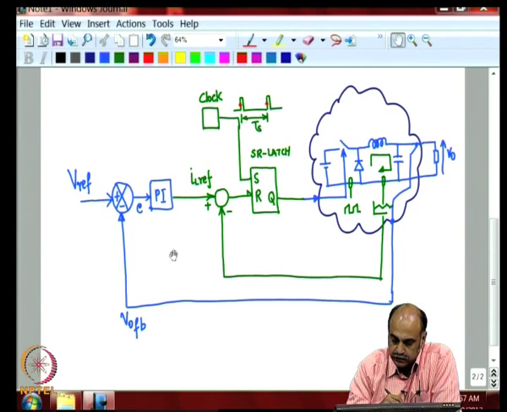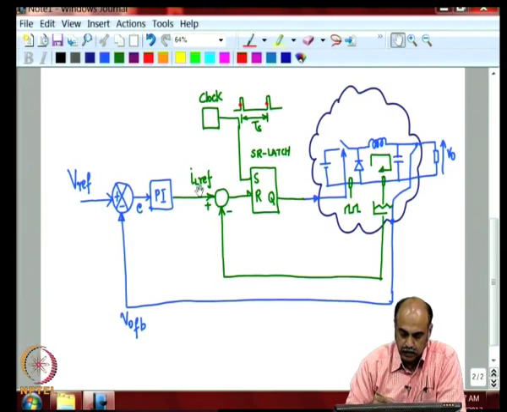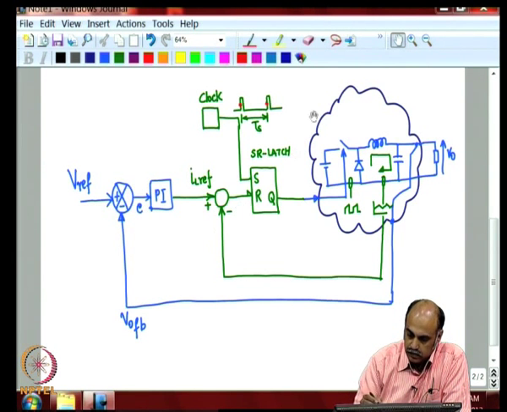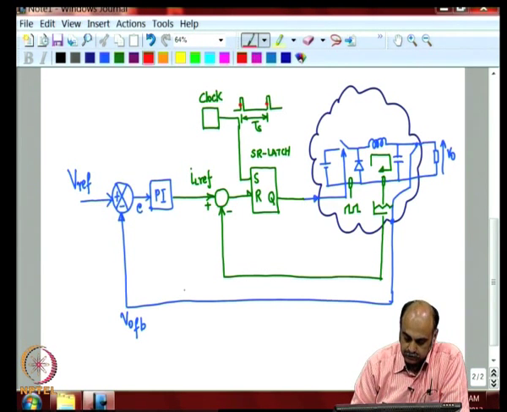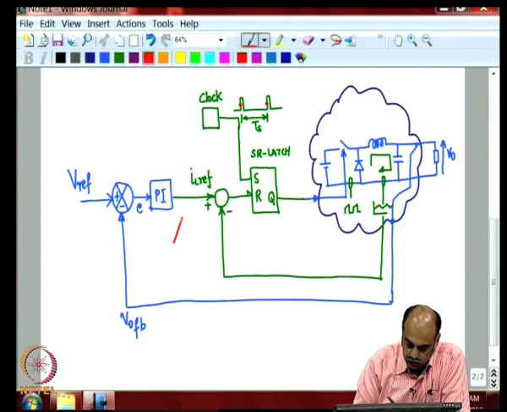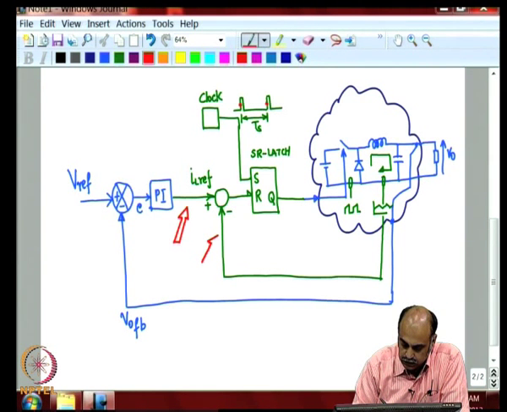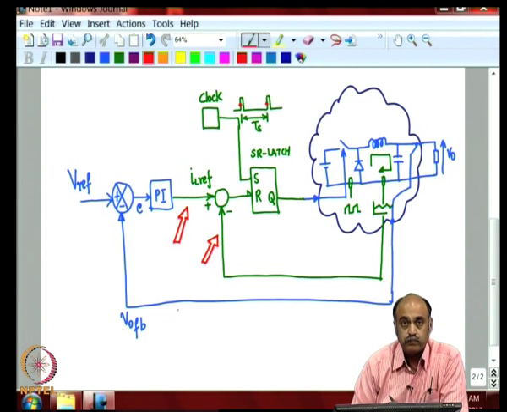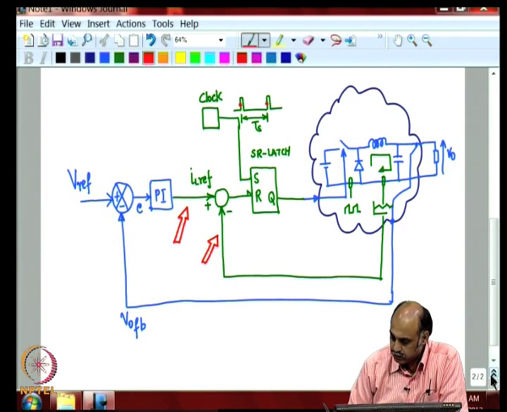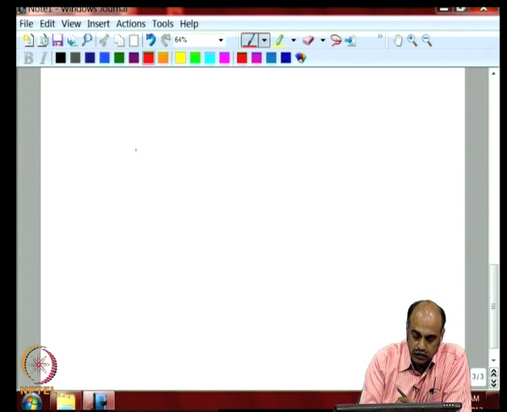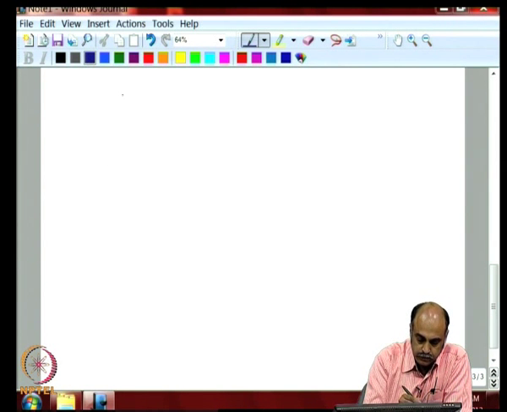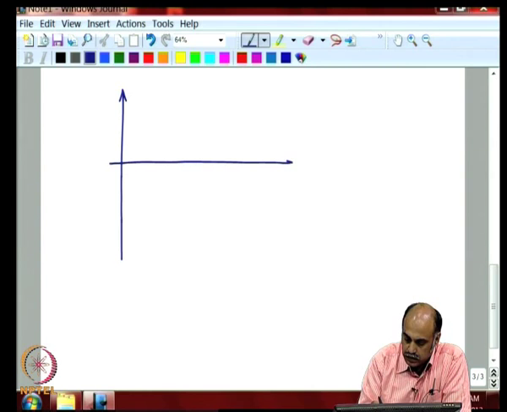Now, let us look at how the waveforms will look like here. Let us look at these two points, if you plot them versus the time axis.